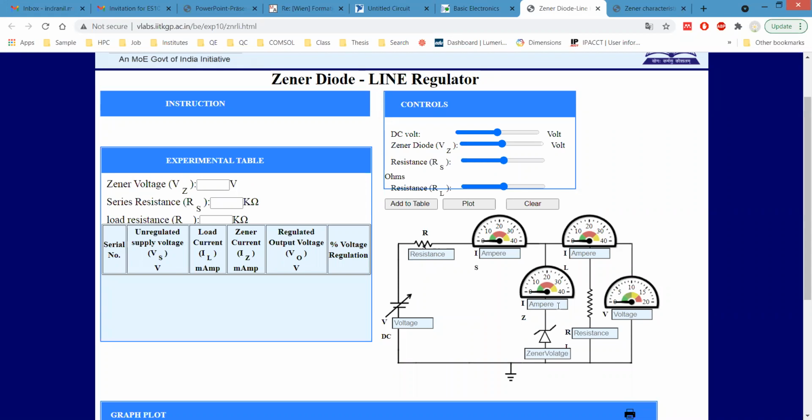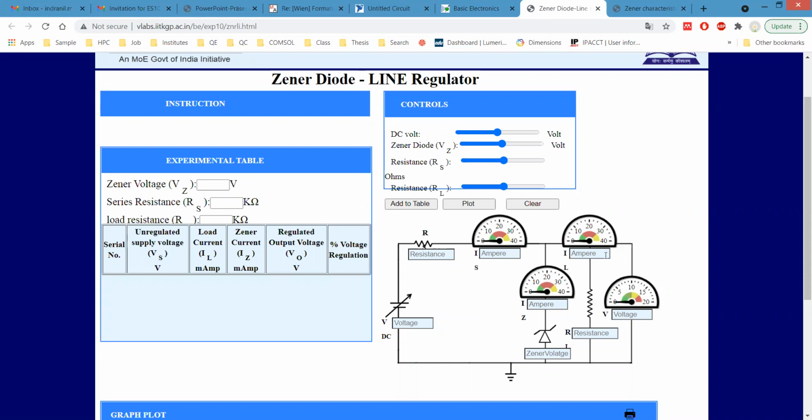We are going to measure the current through the Zener diode, and also this is our load, meaning load resistance is connected. We are going to measure the voltage across it as well as the current.